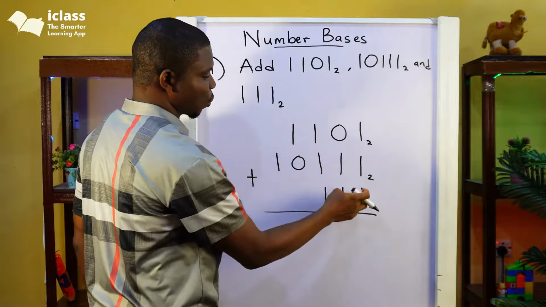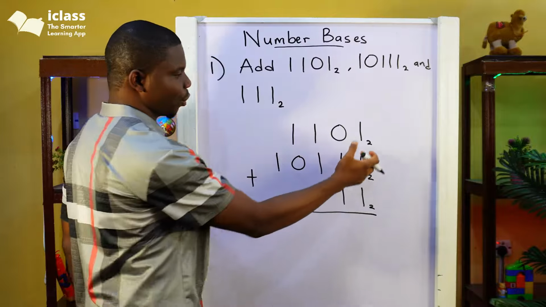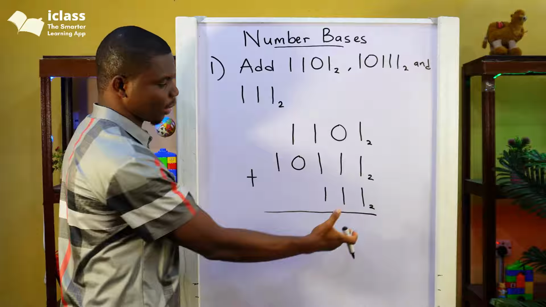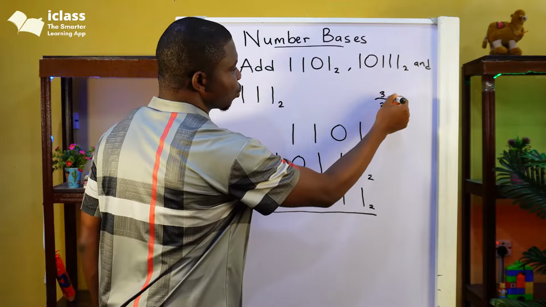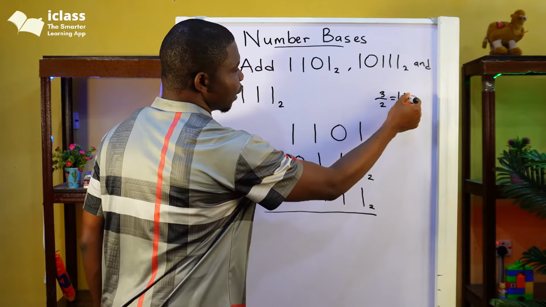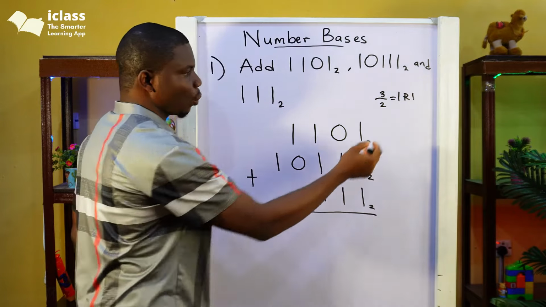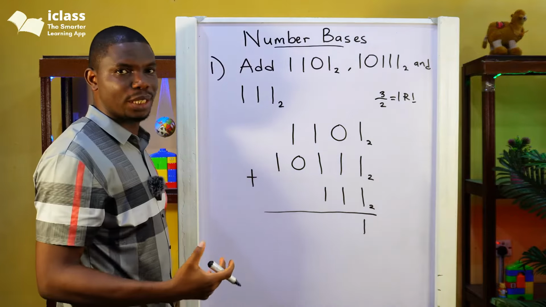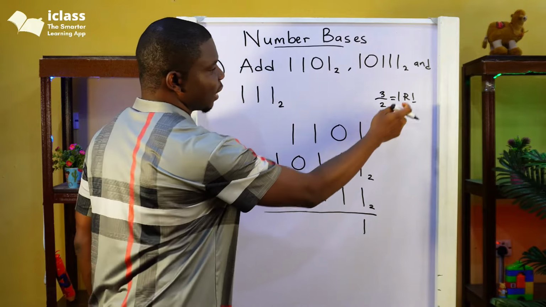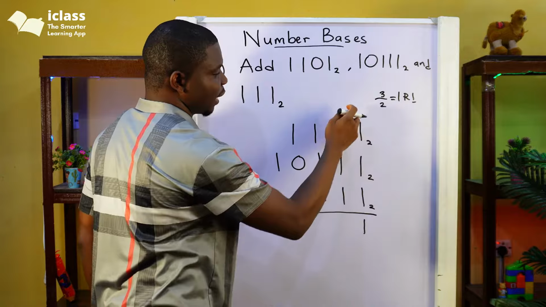1 plus 1 plus 1, that is 3, but mind you, we are dealing with base 2, so we can't write 3 here. Instead, we'll say 3 divided by 2, this will give us 1 remainder 1, right? So we write the remainder just as we do in base 10, and then this, we take it to the next place value.